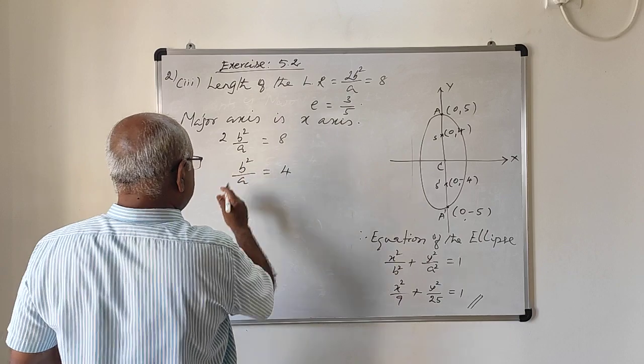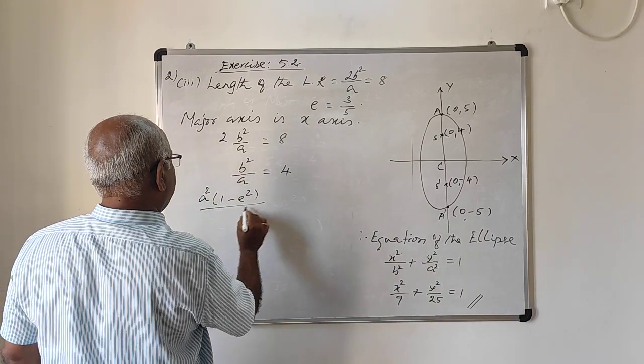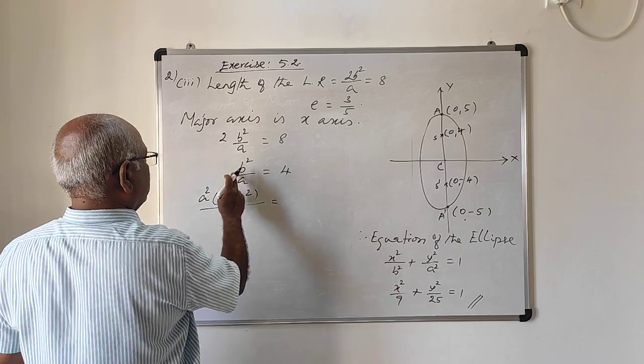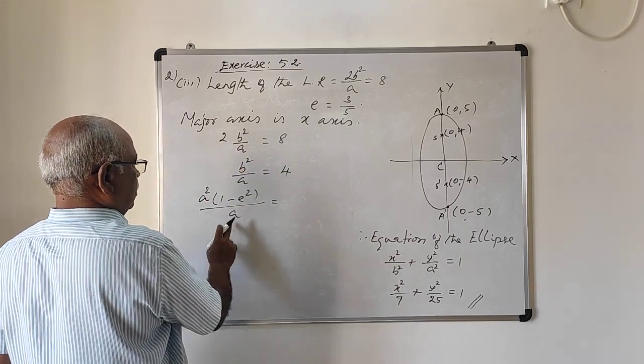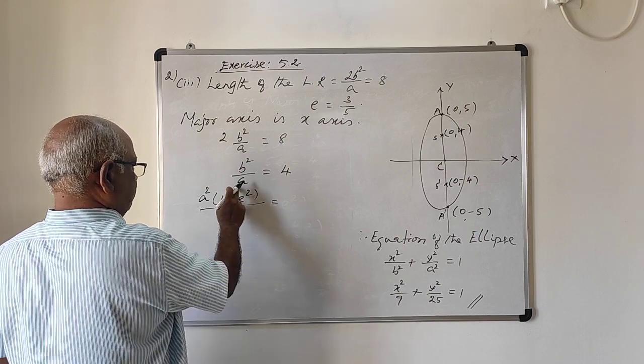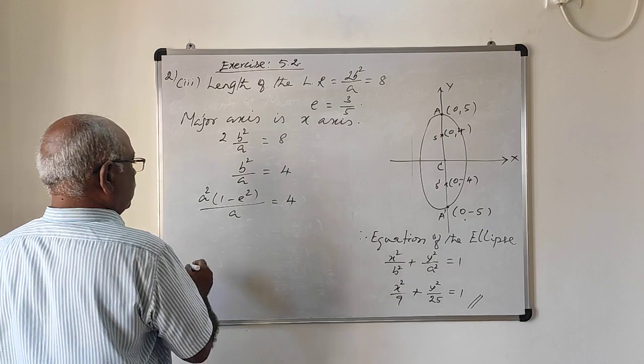You know, by the formula, b square is a square into 1 minus e square. Substituting, b square by a equal to 4.